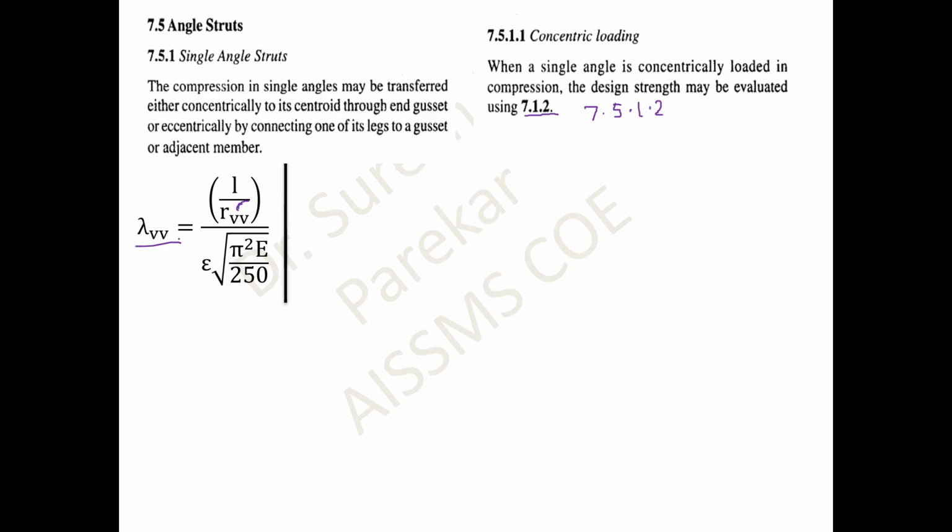So from this I will get the value of lambda VV. Then we have lambda phi. We can find this value of lambda phi by using B1 plus B2, where B1 is equal to one leg, which is D, and B2 is the other leg, which is equal to B, and by using these legs I will get the value of lambda phi.